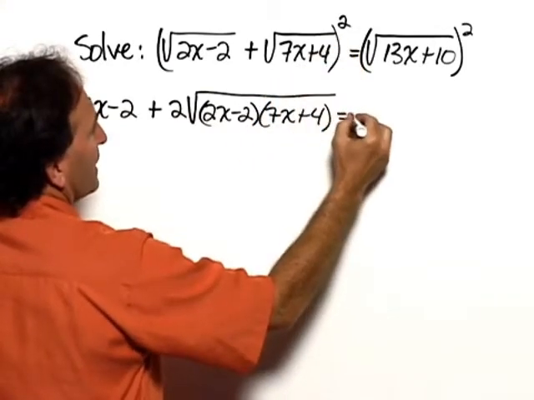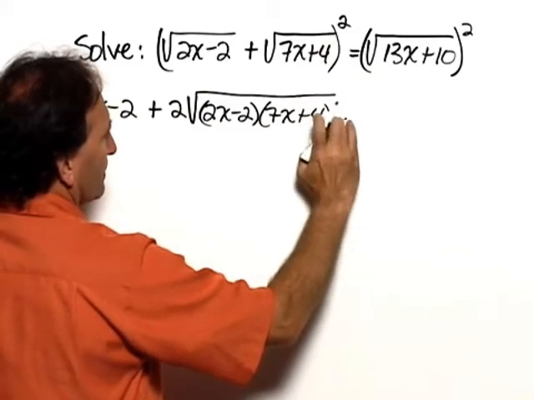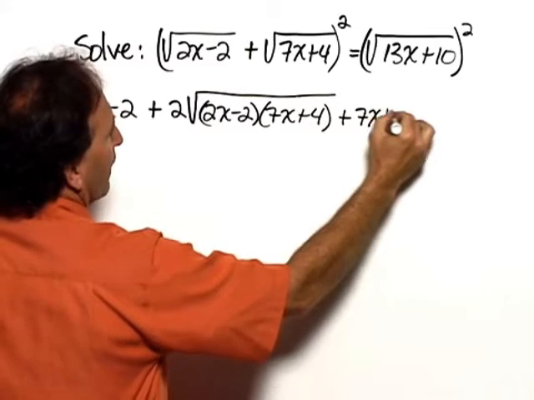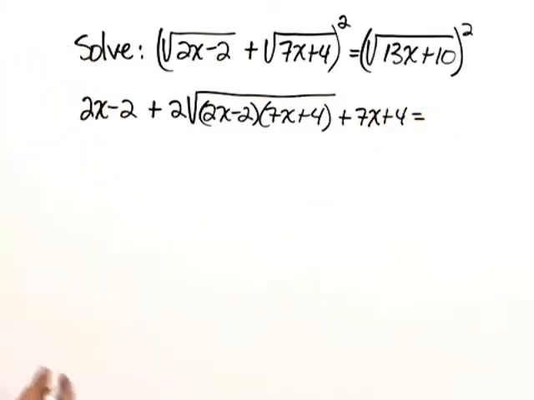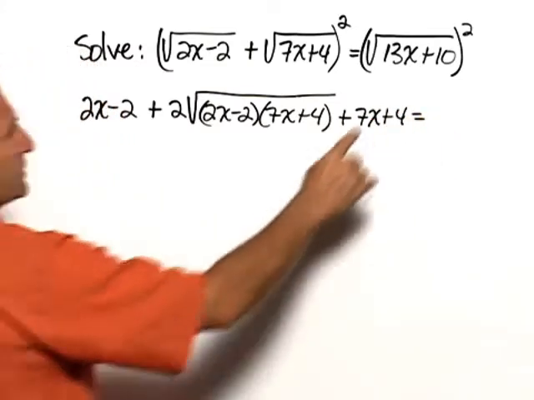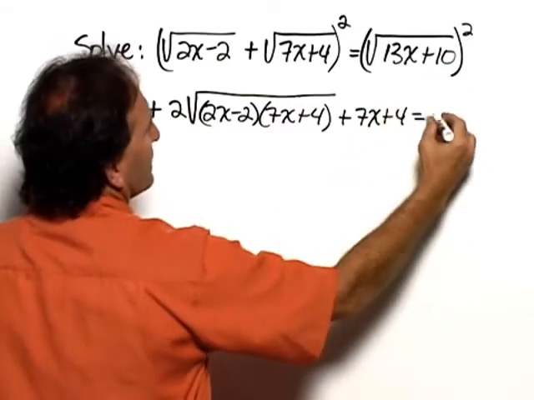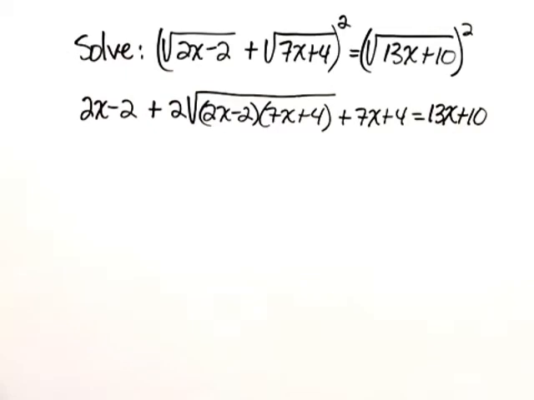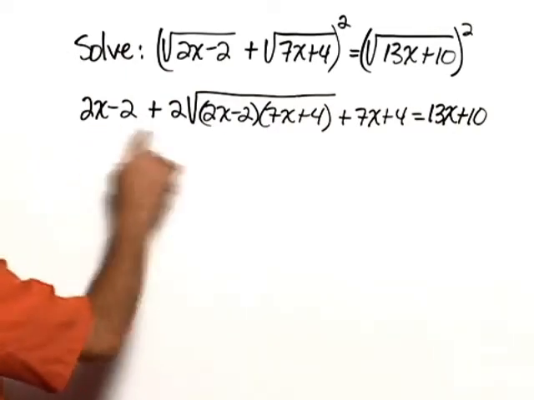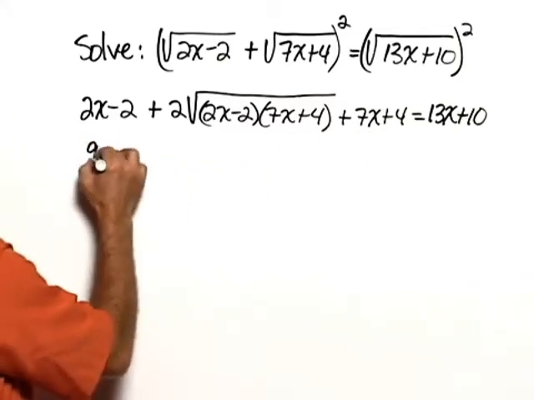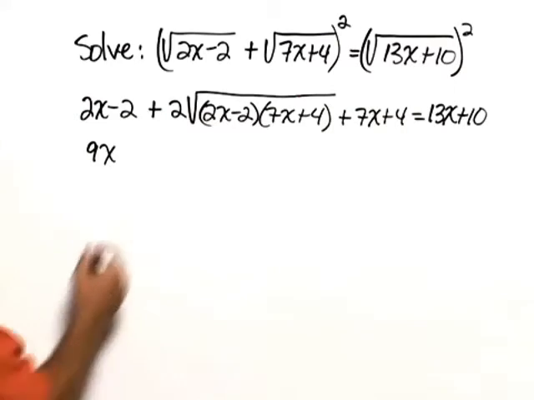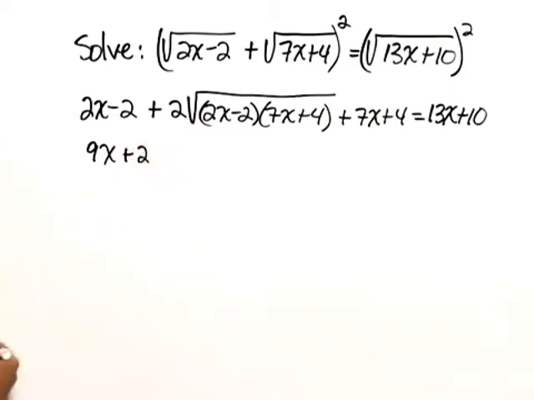So that's going to be plus 7x plus 4. And then that's equal to the square root of 13x plus 10 squared, which is just 13x plus 10. So simplifying the left-hand side, 2x plus 7x is 9x, minus 2 plus 4 is plus 2.